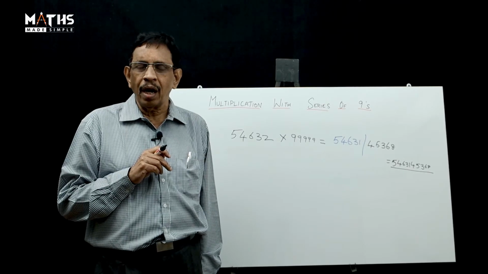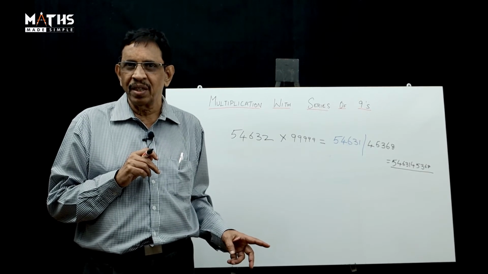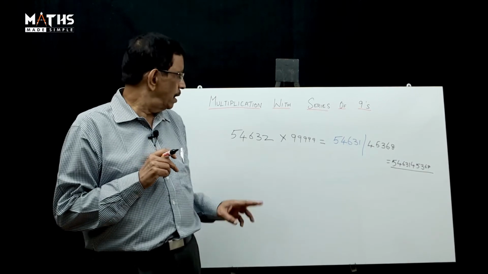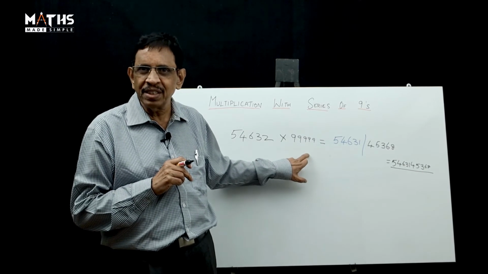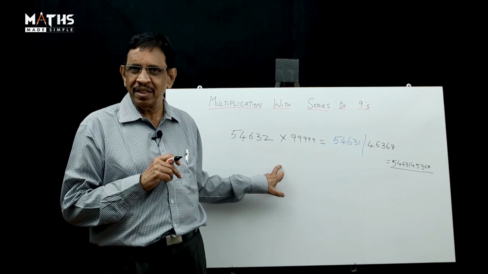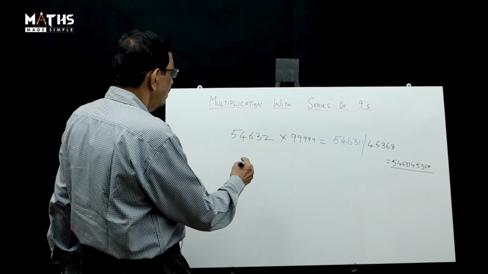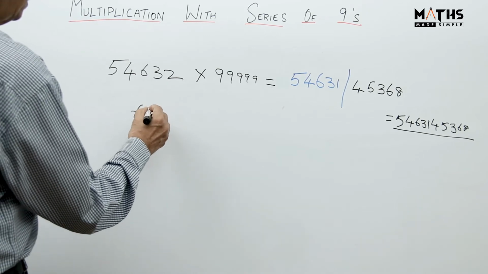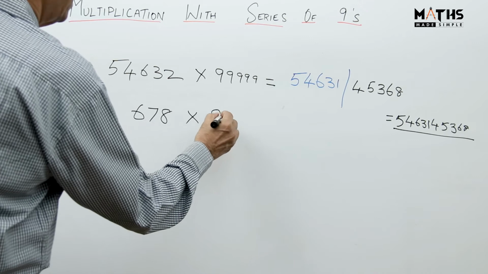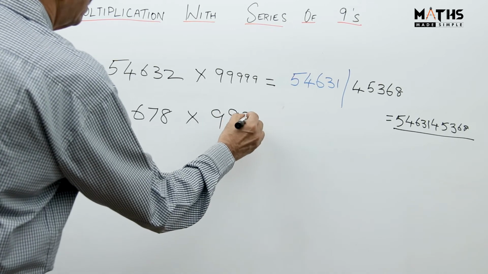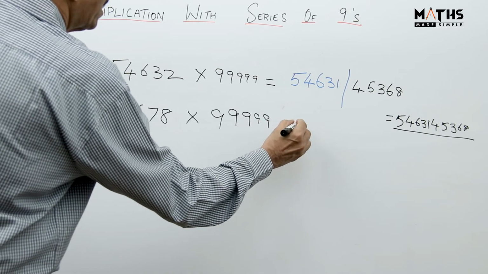Now, in all the 3 examples whatever we have discussed, the multiplicand and the multiplier have the same number of digits. Am I right? If in case we get into a problem like this, 678 multiplied by, say, 99,999, this is one case.